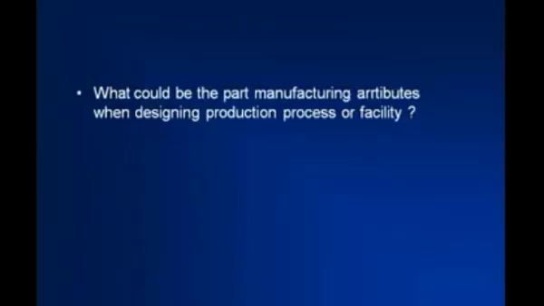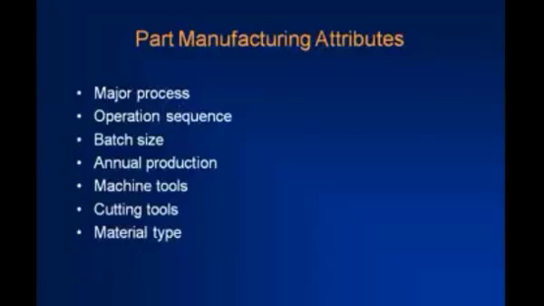Then what could be the part manufacturing attributes when designing production process or facilities? So the part manufacturing attributes should be related to the manufacturing processes. It could also be related to the tools involved, machining tools, cutting tools, major processes, manufacturing processes involved in the manufacturing of this part.